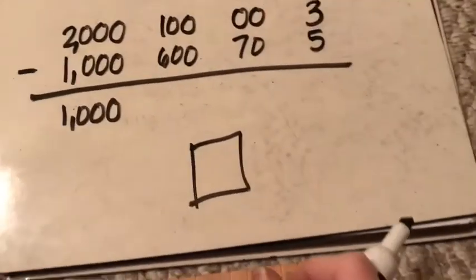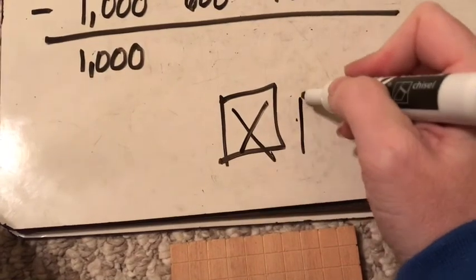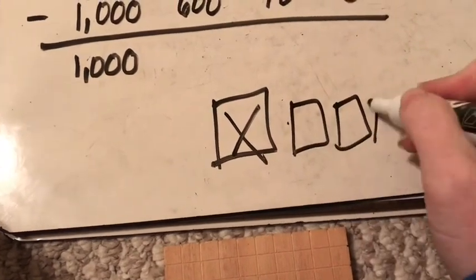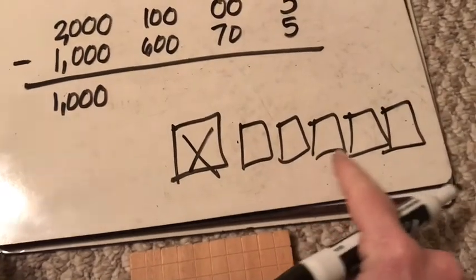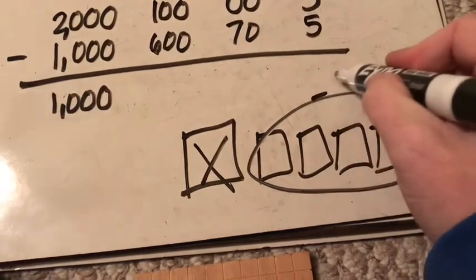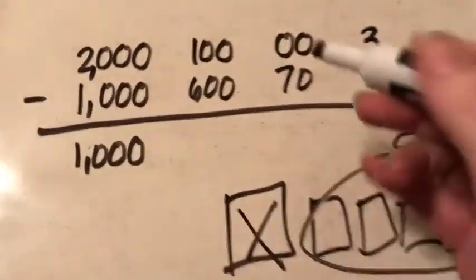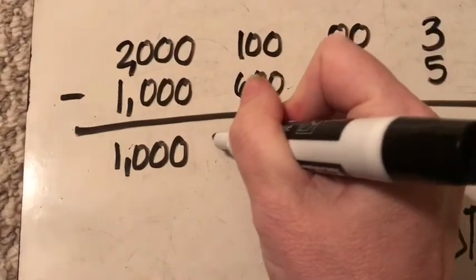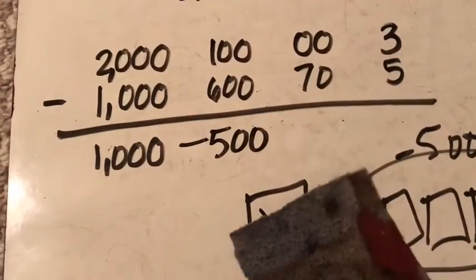But if I did try to take away 600, I would take away 100, and then 200, 300, 400, 500, 600. I would need 1, 2, 3, 4, 5 more hundreds that I would have to take away also to be able to do 100 minus 600. So 100 minus 600 is negative 500. I would be 500 short.